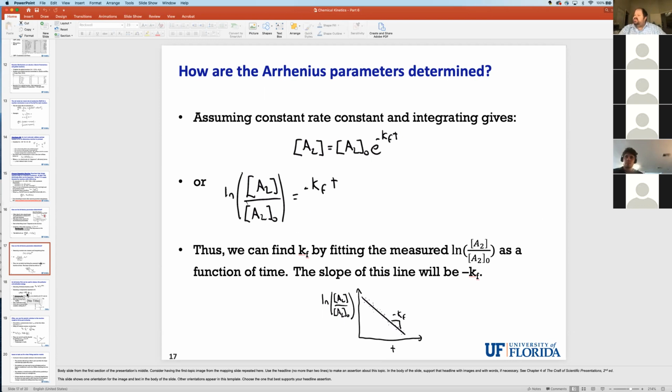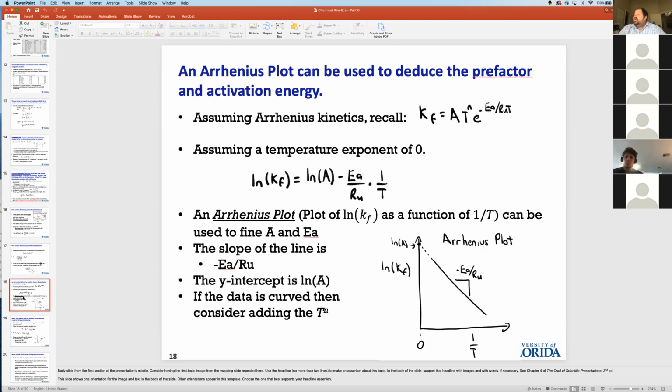After you find Kf, it should be independent of pressure, hopefully. If not, that is indicating something else that I'll get to in a few minutes. Then you take that Kf as a function of temperature, make an Arrhenius plot, and then you're off to the races finding your best activation energy and best prefactor.